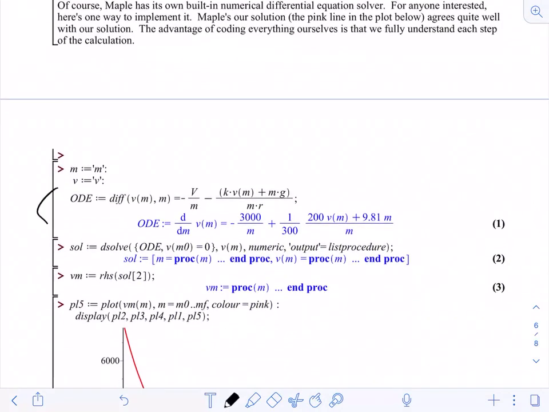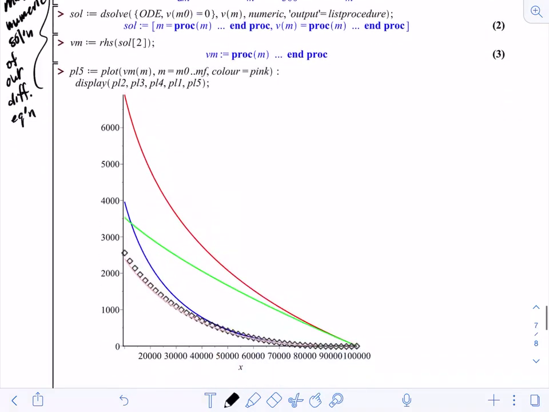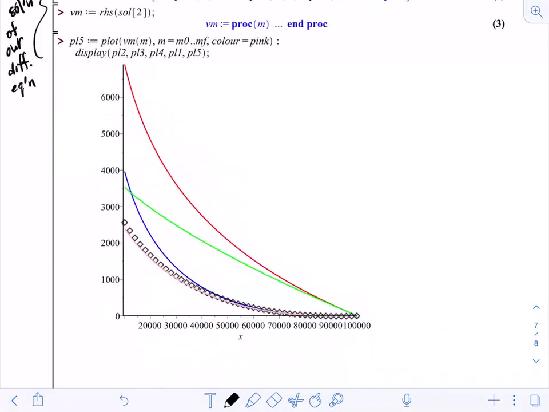And so this is Maple's numerical solution of our differential equation when we have both drag and gravity turned on. Its solution is the pink line. And you can see that Maple's pink solution is very close to our numerical solution, and so that's satisfying as well.